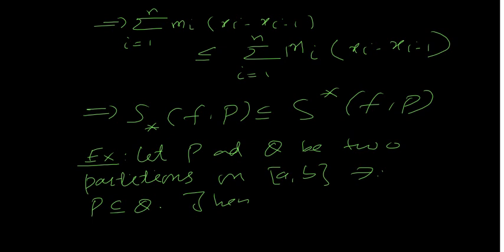This you have already done in the basic course also. I will not prove it here. Then show that the lower sum will change when we take the refinement of the partition.